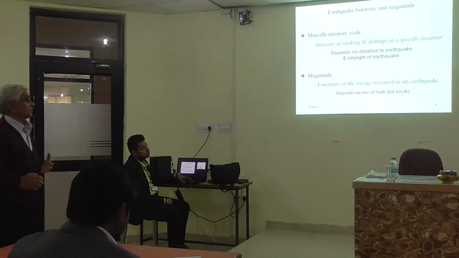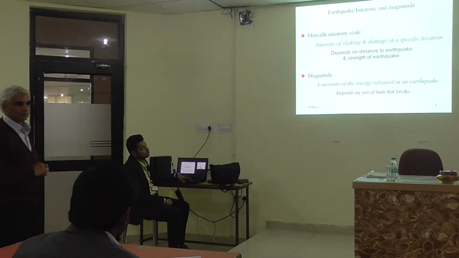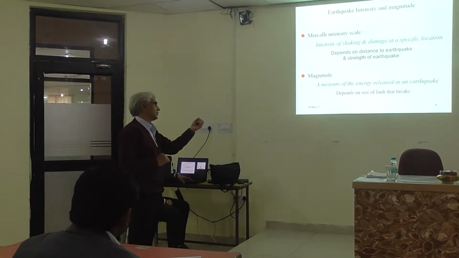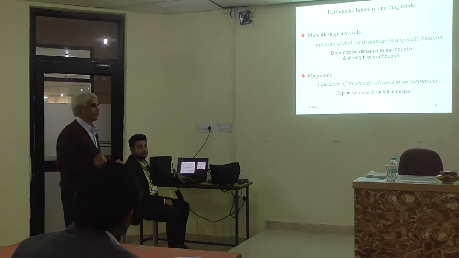So intensity of shaking and damage at a specific location is given by MMI, the Mercalli Intensity scale. It is a damage assessment, and it depends on the earthquake and the structure's distance from the earthquake. And magnitude is the energy released.